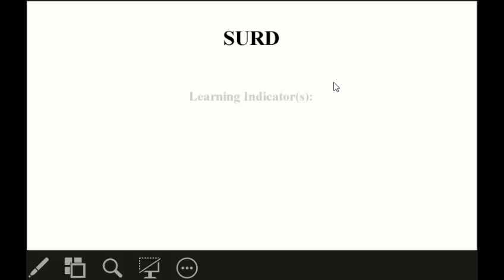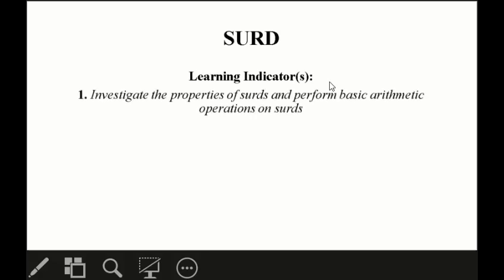Our learning objectives for today's lesson are: 1, investigate the properties of SURD and perform basic arithmetic operations on SURDS; 2, rationalize SURDS with binomial denominators.